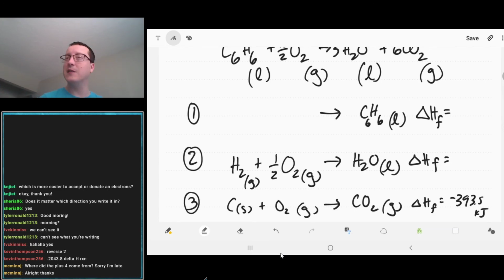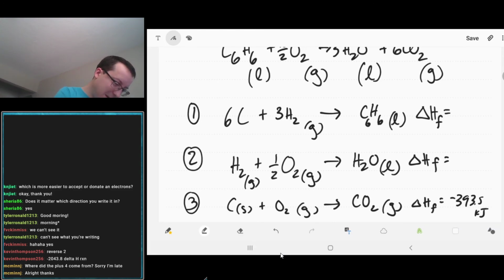And so the first one is the only one we haven't already done. So let's work on that. So that's going to be 6 carbons, right? Plus 3 hydrogen gases coming together. And so those are the reactions we're going to need here.